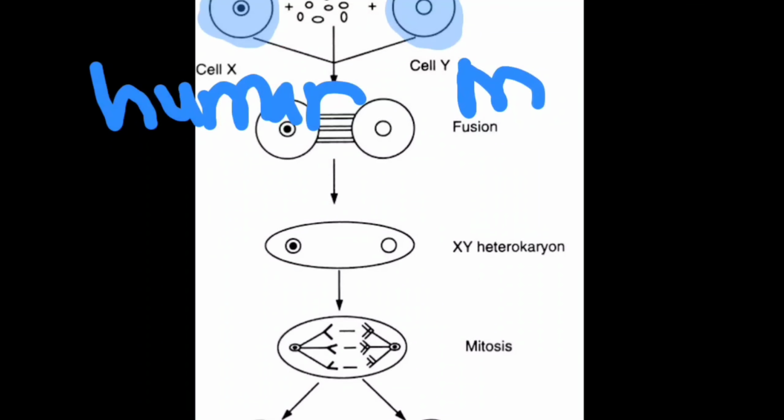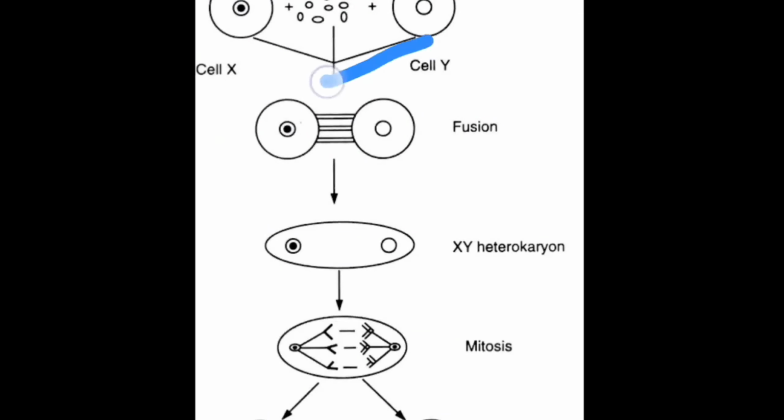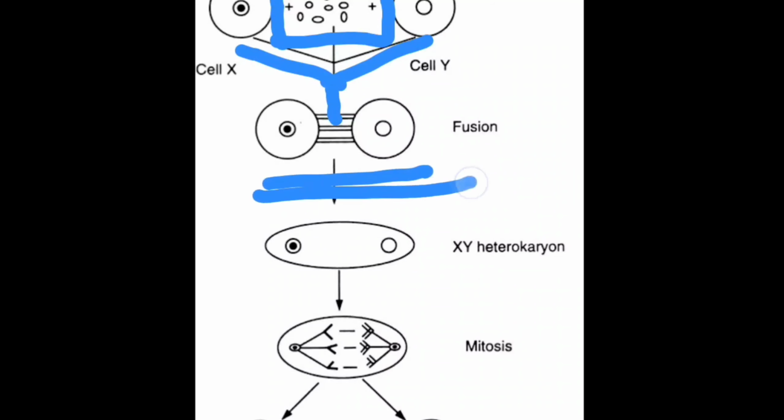We are just joining both cells here with the help of Sendai virus. So a new fused cell has come about, and whenever the cytoplasm fusion takes place, the new cell will look like this.